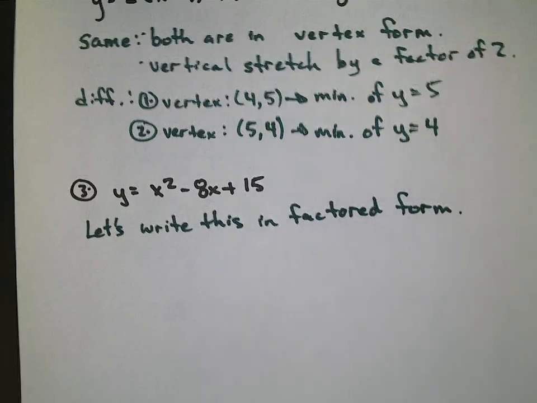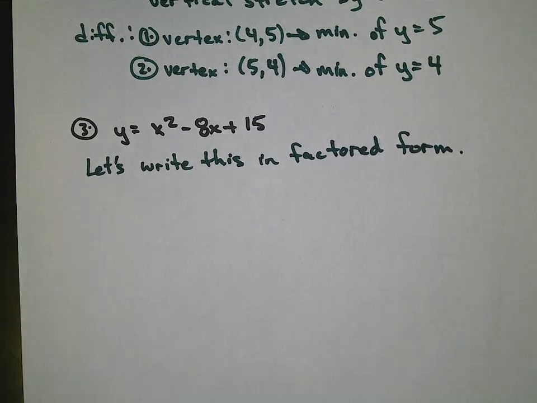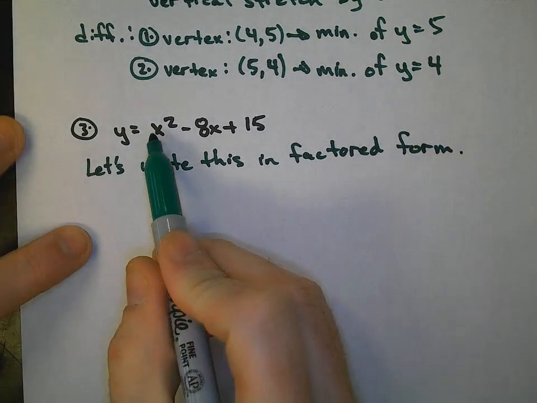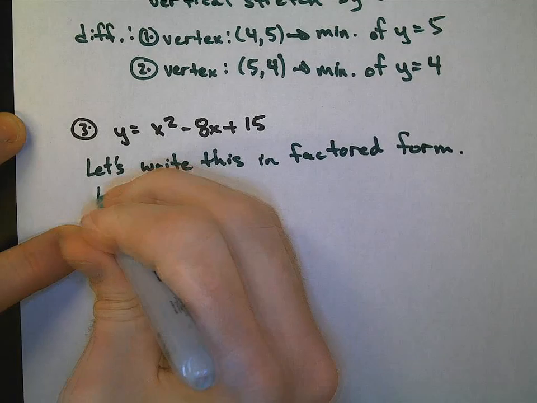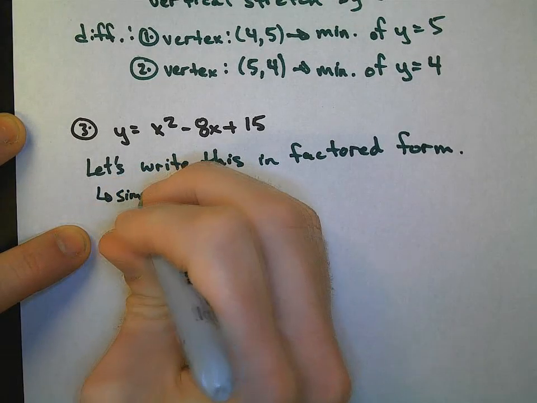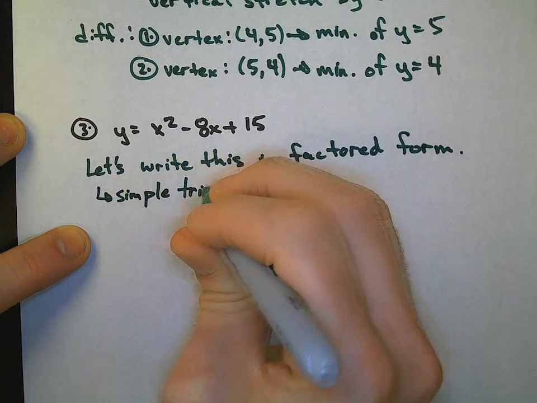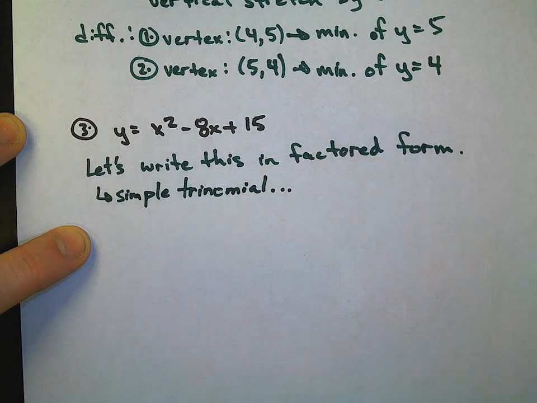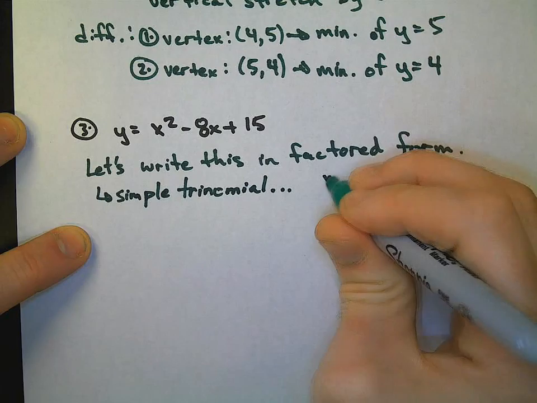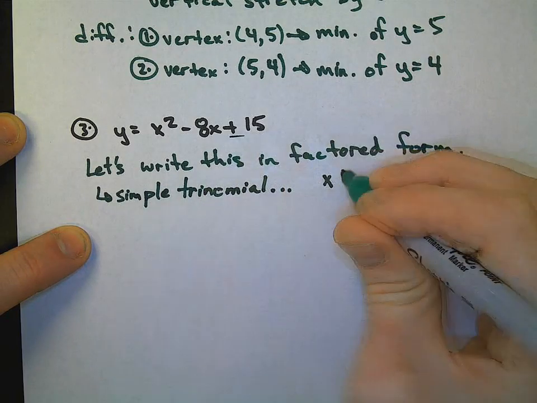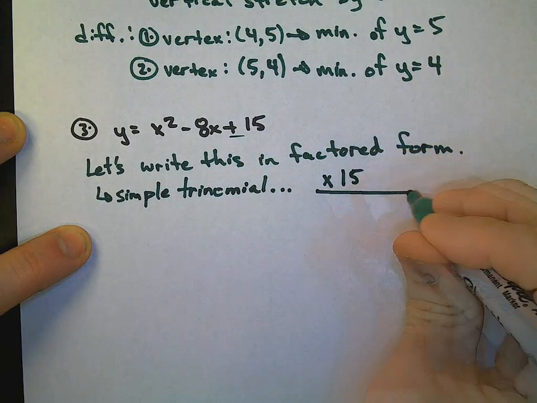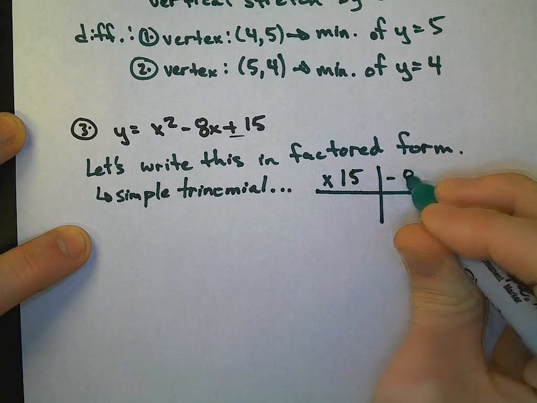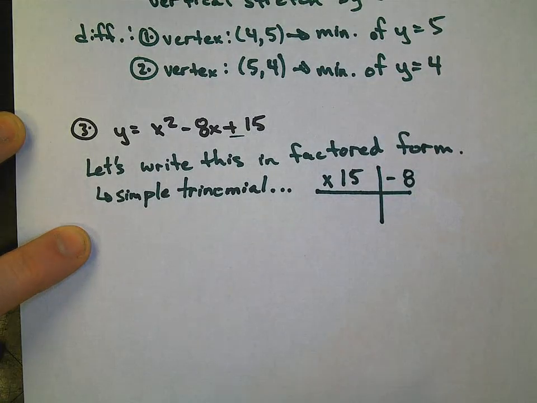I notice in this case, because of the very beginning of my equation, that this is in fact a simple trinomial. So that means I'm looking for two numbers that will multiply to the last term and add to negative 8.